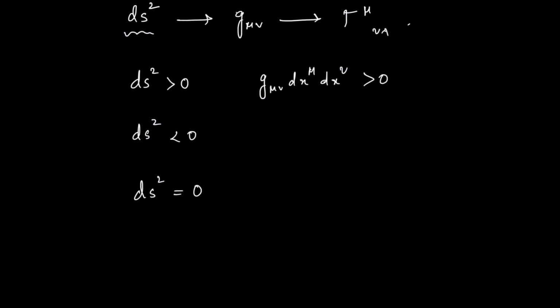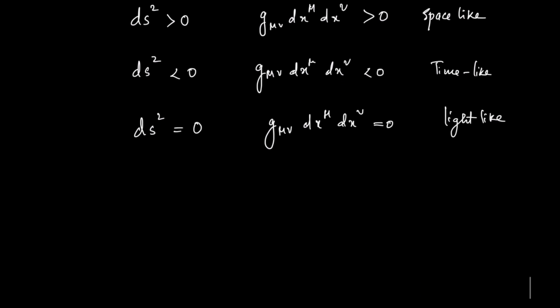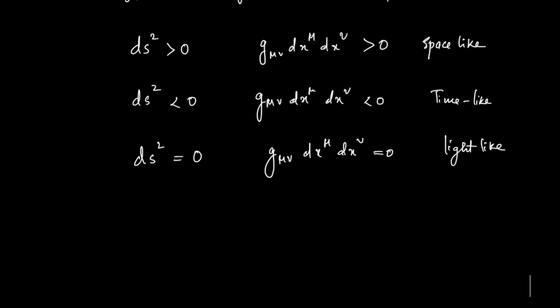And such a space-time is known as space-like geodesic. Then if g mu nu dx mu dx nu is less than 0, it is time-like. Then g mu nu dx mu dx nu equal to 0 is light-like. So these are the possible geodesics. 3 categories are possible.